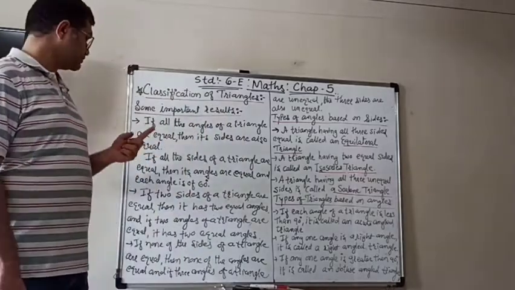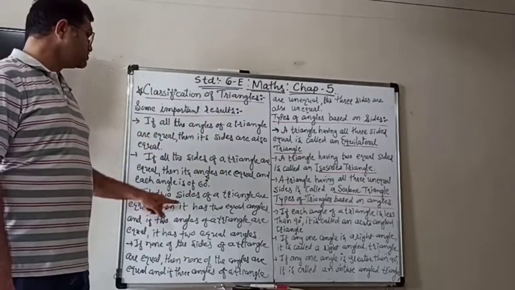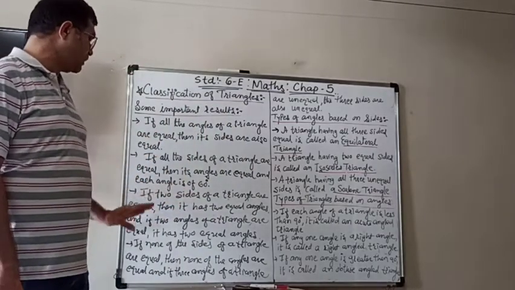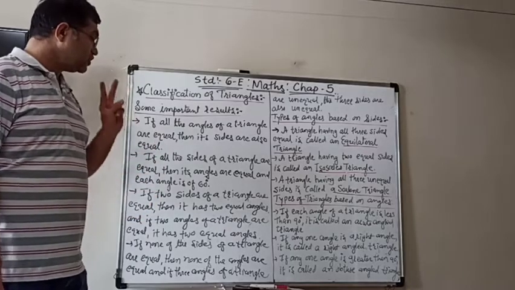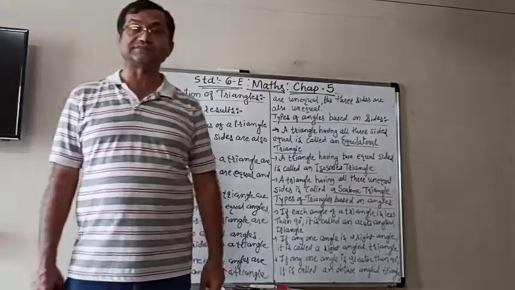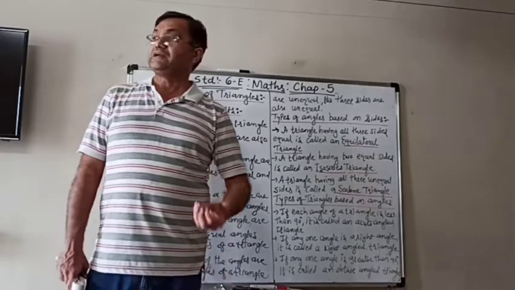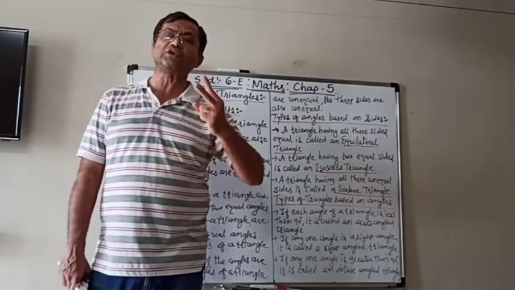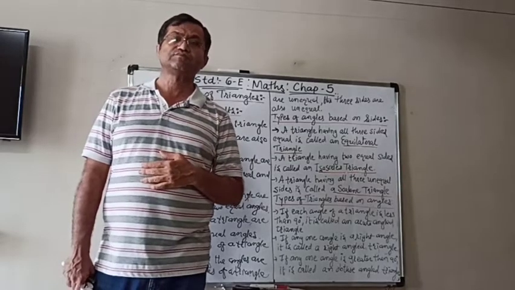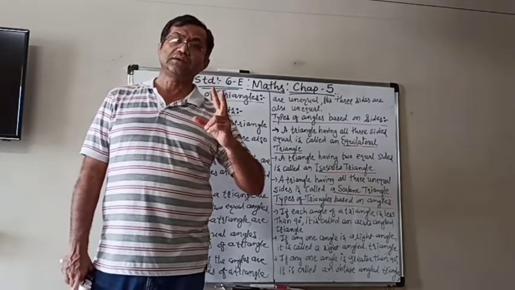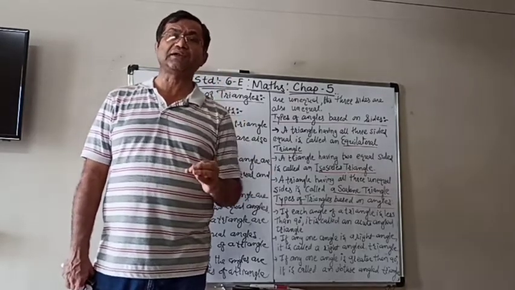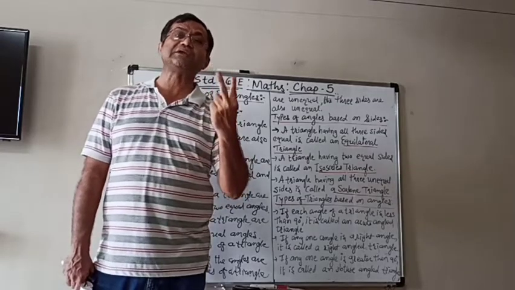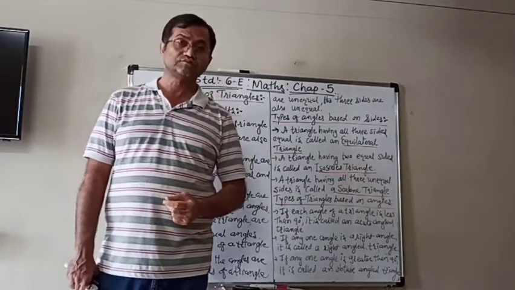Third, if two sides of a triangle are equal, then it has two equal angles. It says that if any triangle has two equal sides, then definitely in that triangle two angles will be equal.